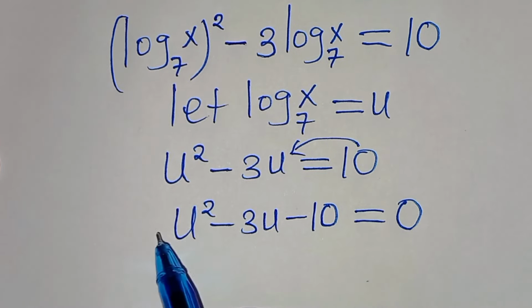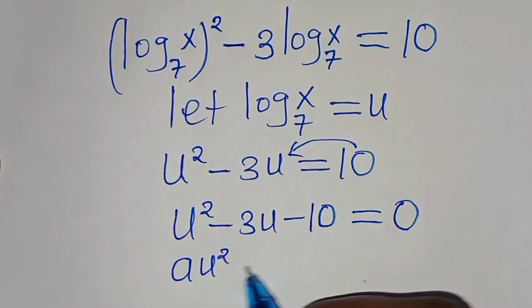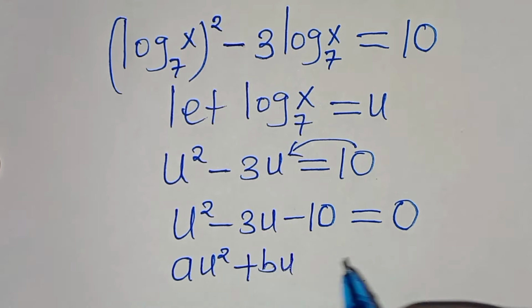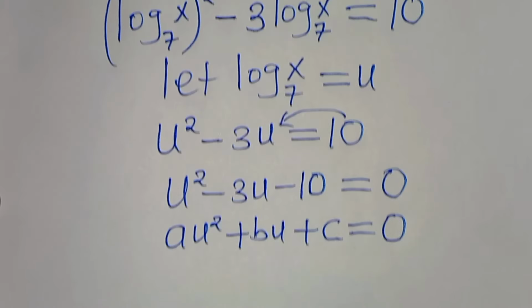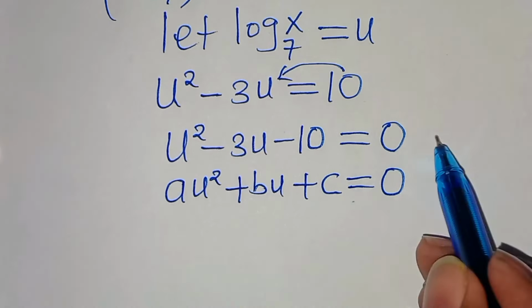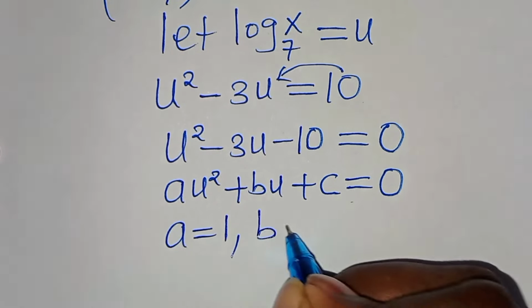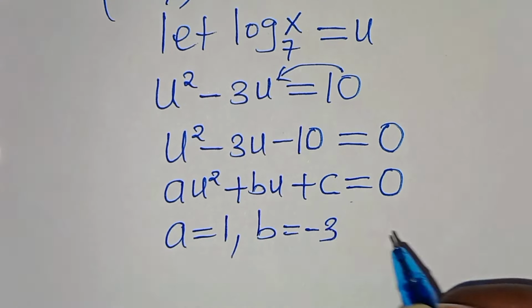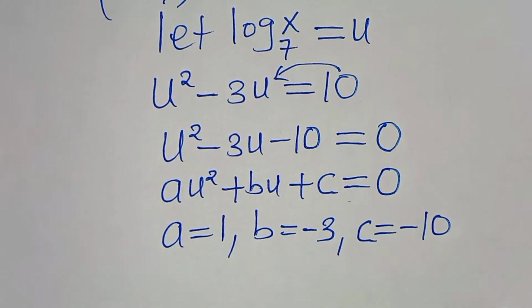So this is a quadratic equation of the form au squared plus bu plus c equal to 0. From this quadratic equation, we have that a is equal to 1, b is equal to minus 3, and c is equal to minus 10.